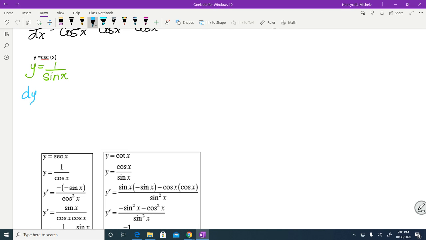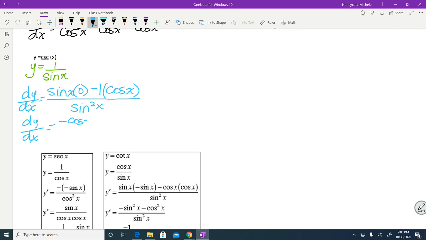So dy dx is low, sine, derivative of high, derivative of 1 is 0, minus high, which is 1, derivative of low, derivative of sine is cosine, all over low, so all over sine squared. Okay, so sine times 0 is 0. So the numerator looks like it's going to be negative cosine of x divided by the sine squared.